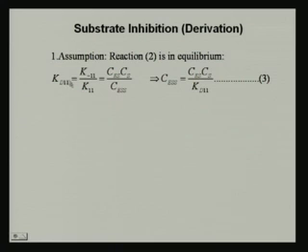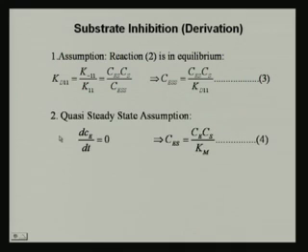So reaction 2 attains equilibrium, so you can have CESS as CES times CS over KD.